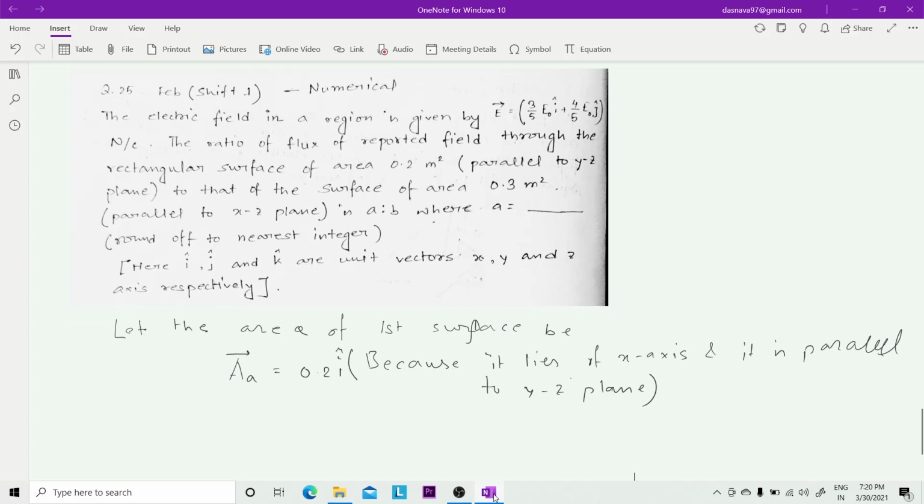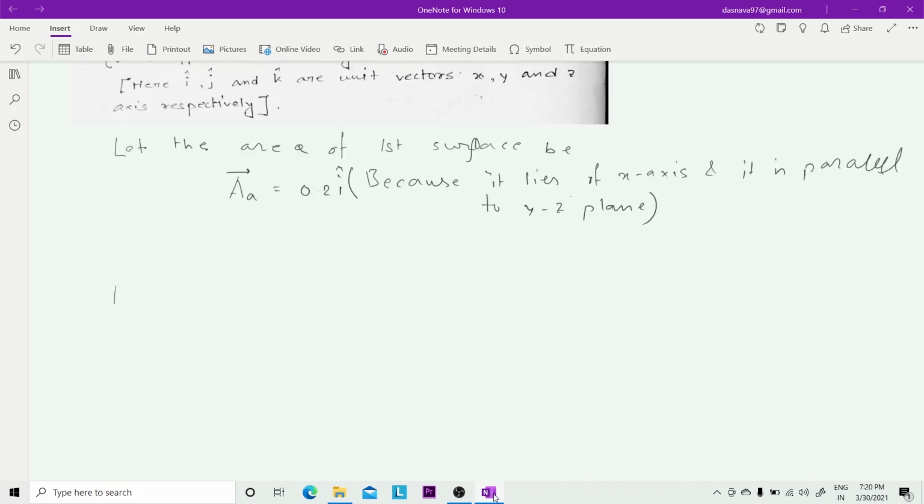Next, let the area of second surface B, A of suffix B, second surface B equals 0.3 j cap. अभी j cap क्यों?